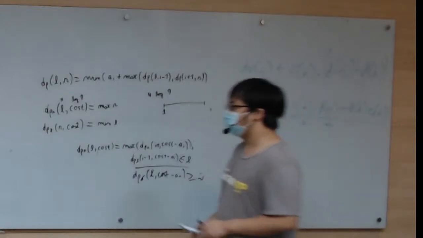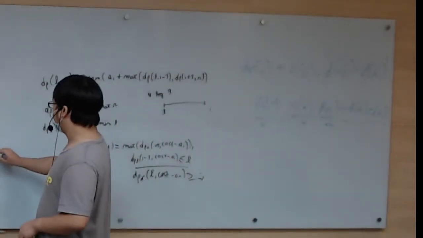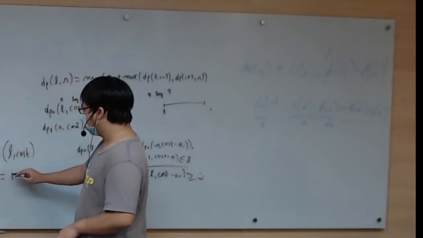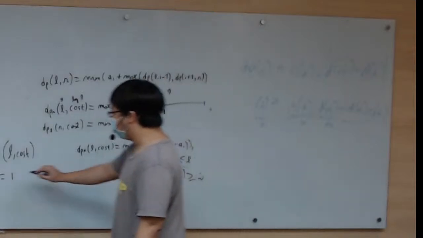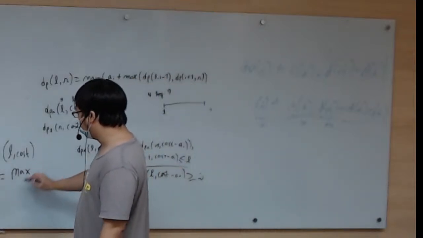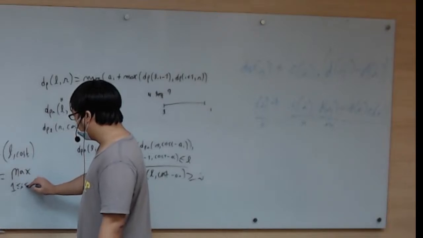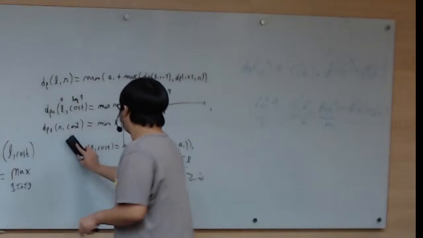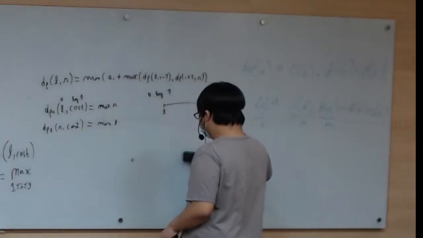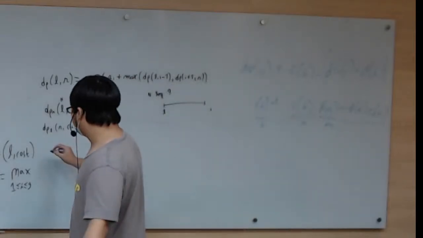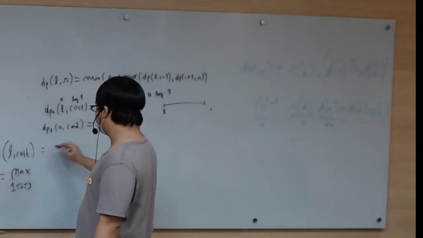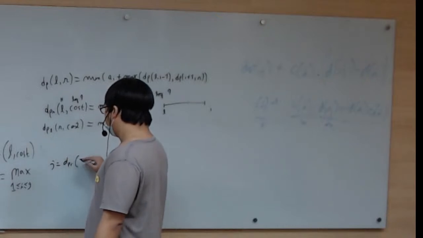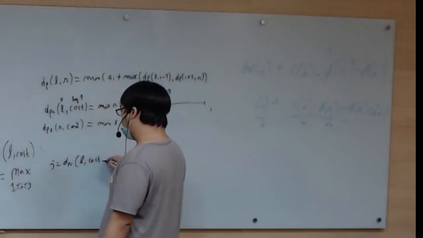But basically, what you can do for dpr[l][cost] is, instead of looping over i, we can take the maximum over 1 to 9. The idea here is that let's say j is dpr[l][cost minus i].